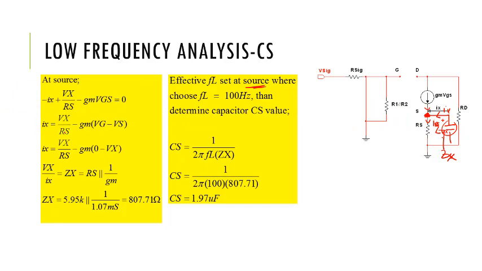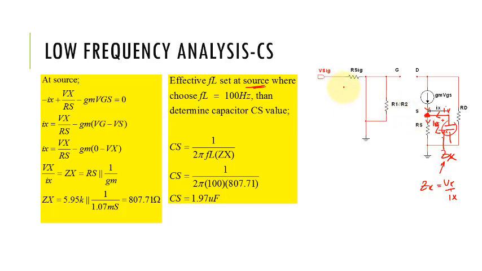To get the value of Zx, we apply the KCL. As we know, Zx should be Vx over Ix. So Ix equals Vx over Rs, and we have the negative gm times Vg minus Vs.